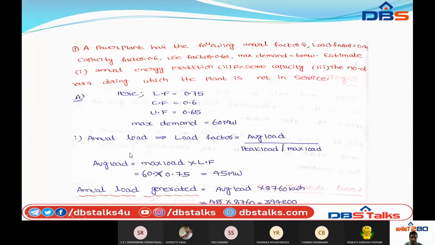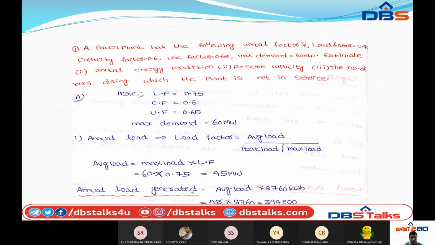Taking average load, that equals maximum load multiplied by load factor. Maximum load is 60 megawatt and load factor is 0.75. 60 multiplied by 0.75 and we get 45 megawatts. After that, annual load generated.